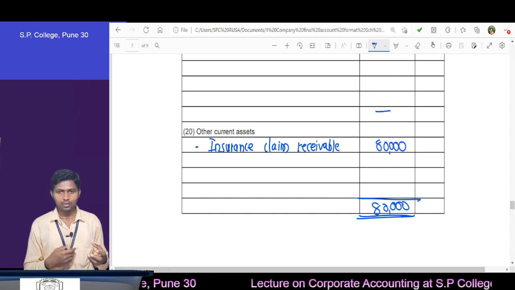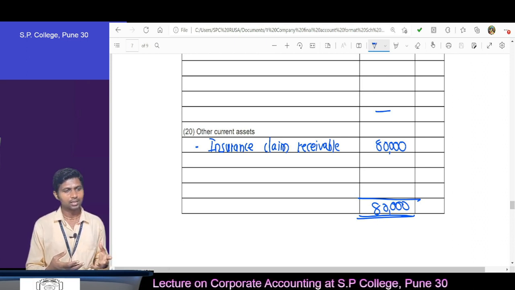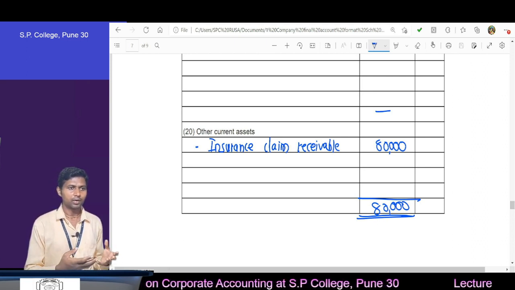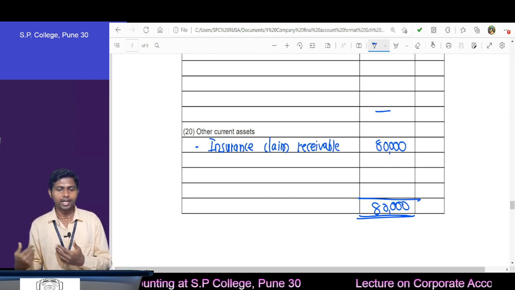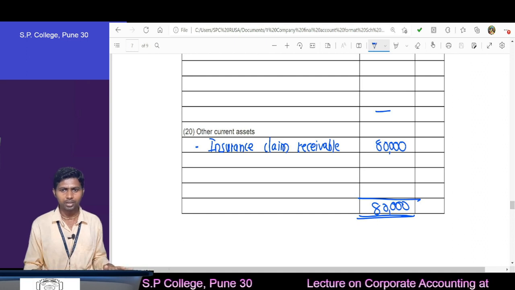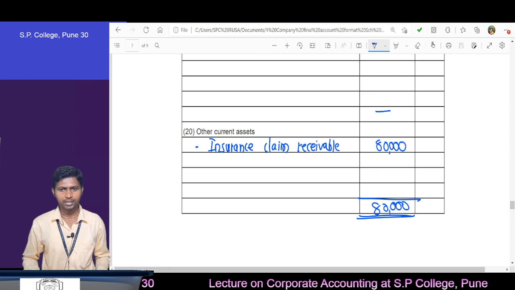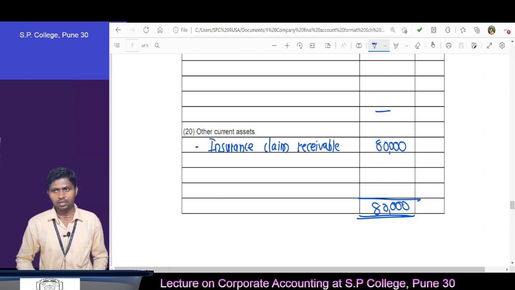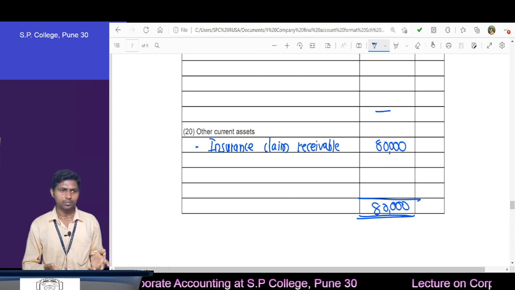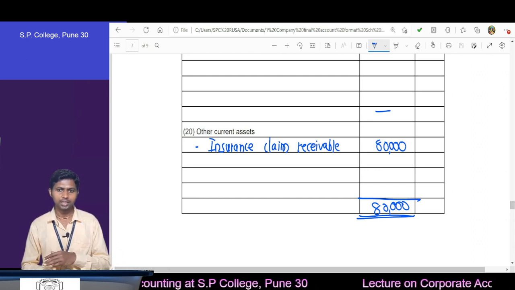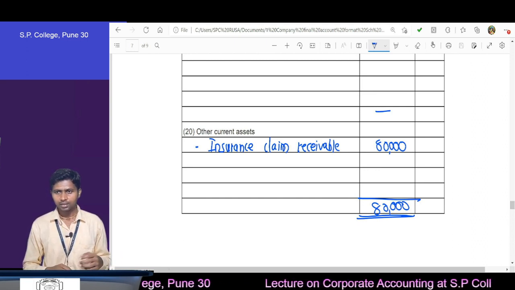Here you have to follow the matching logic. If words are matching, then you can figure out that the item belongs to this particular category. Okay, it's a very simple job. And how to remember the format, that I also explained in regular classes. Just 1 or 2 sentences you need to remember, and for the profit and loss format, you need to remember A, B, C, D. A for revenue and so on, B, C, D I already explained.